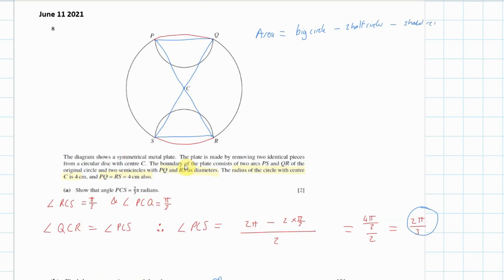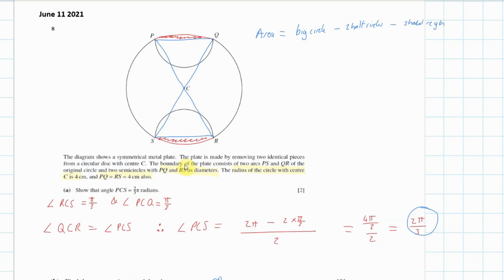Now I'm going to show you which that is in a minute. So the shaded region, somehow I've got to get rid of this bit here as well, because that's outside of the semicircles, but also it's not part of the circle.